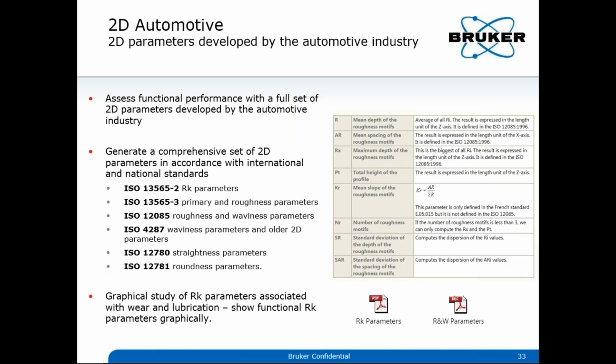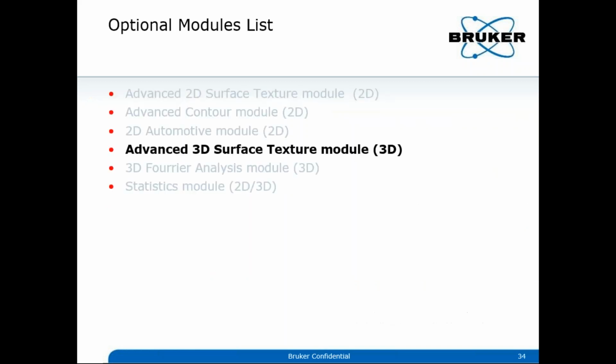You can do all kinds of automotive related parameter analysis here, including Rk, waviness, roughness, straightness, roundness, and all these parameters are available in this 2D automotive module. You will only need it if you are in this industry, and this is only available as an optional module.